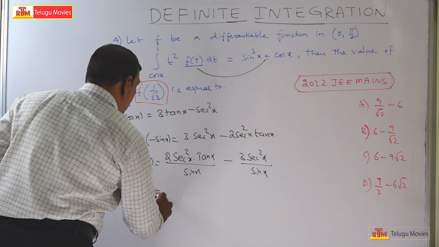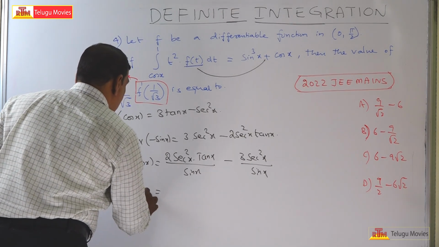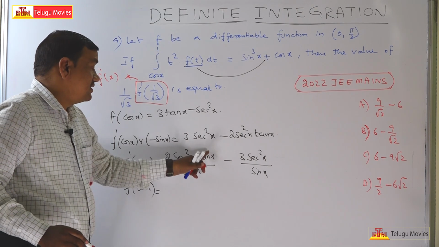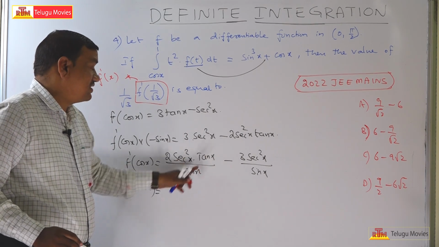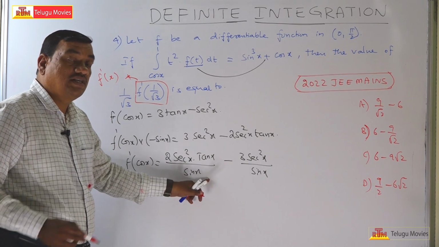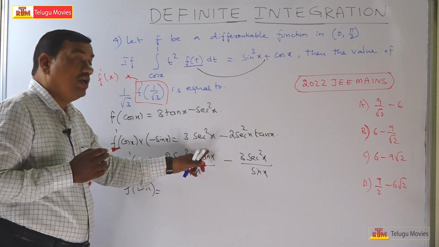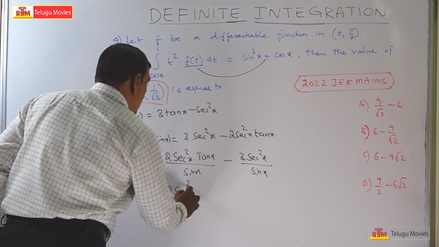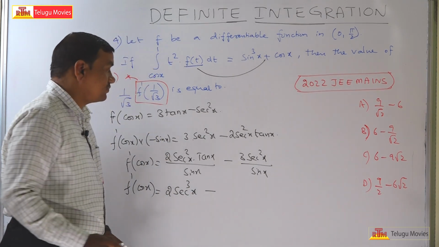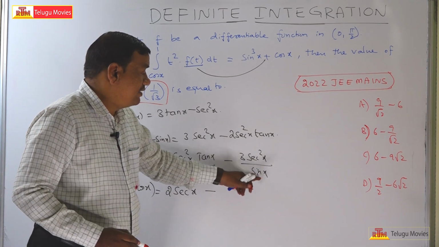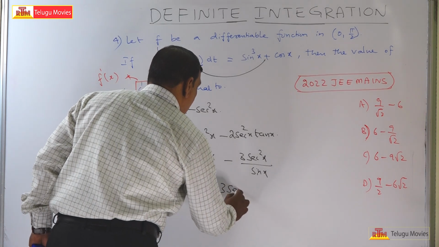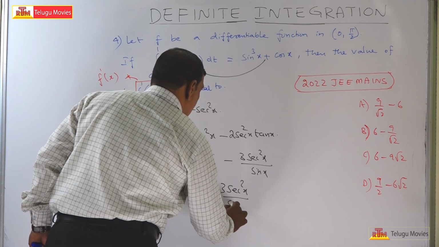Tan x is sin x by cos x, so one sin x will get cancelled, and the 1 by cos x becomes secant x. So this is equal to 2 secant cube x minus 3 into secant square x by sin x.